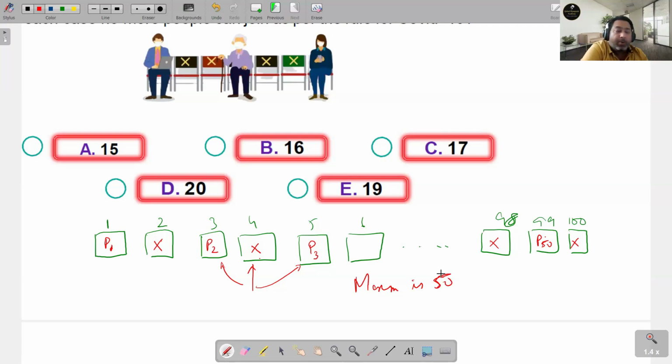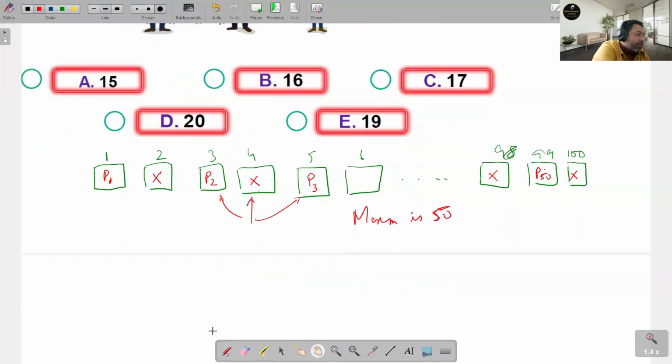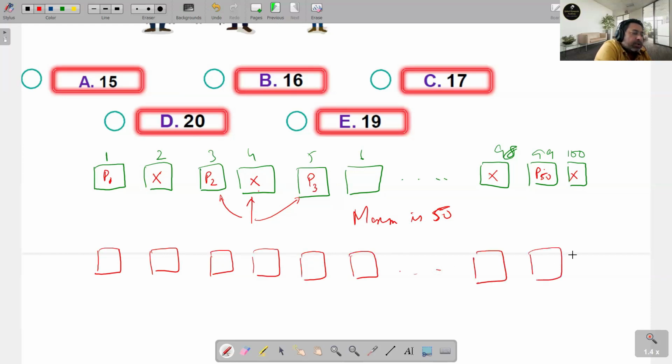What about the minimum? Now we are going to look at a minimum possible scenario. I'm going to draw the same thing again: 1, 2, 3, 4, 5, 6, and so on, 98, 99, 100.